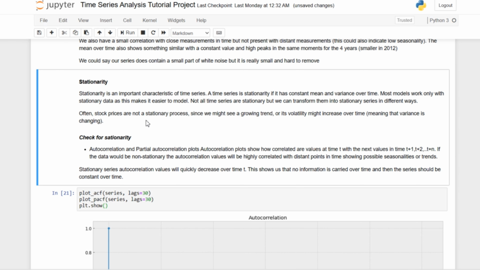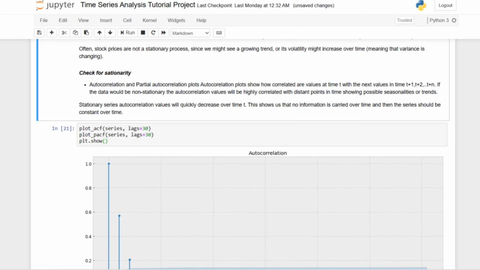In order to check stationarity, we use autocorrelation and partial autocorrelation plots to see how correlated the values are in terms of time. Let's look into the autocorrelation plot. For a stationary series, the autocorrelation plot will quickly decrease, guys.